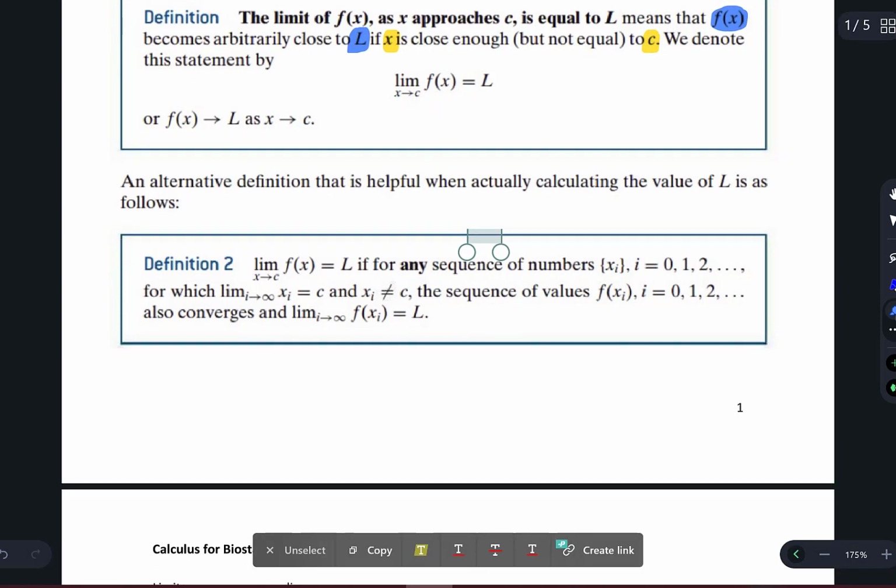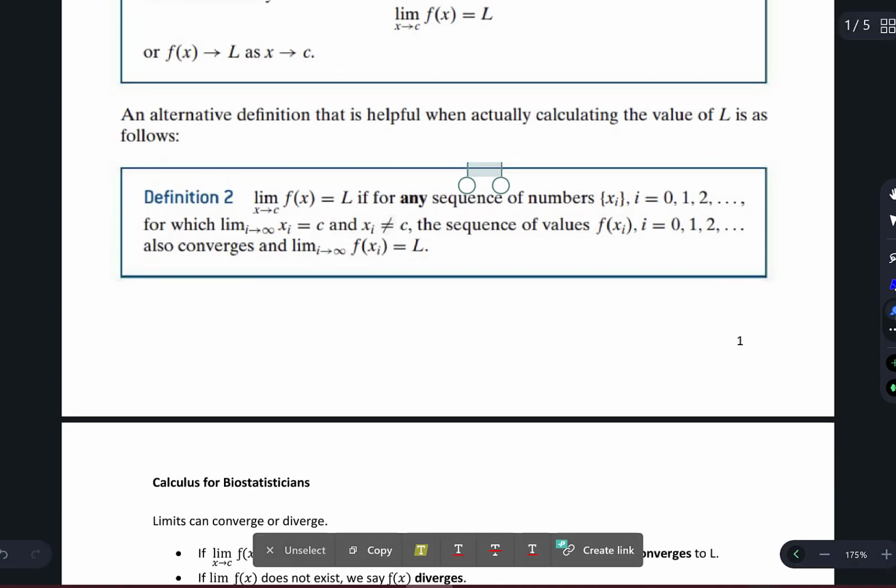Now, one thing to notice here is we're not saying that x is equal to c. We're just saying as that input gets really close to c. And you can see that here in this alternative definition. So in this one, we say the limit of the function approaches L for any sequence of numbers. And so here we're using the sequence of numbers to denote a sequence of inputs that we could put into the function.